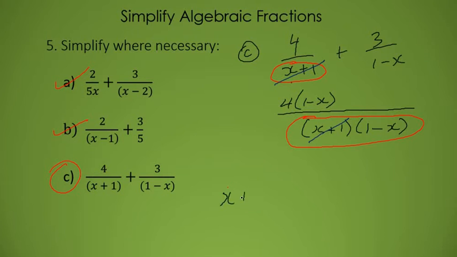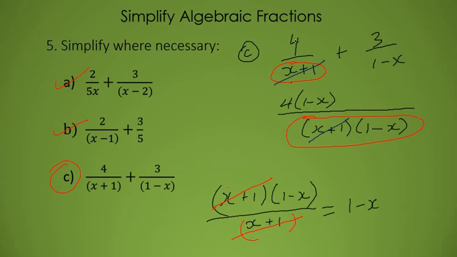The LCM x plus 1 by 1 minus x divided by the denominator of x plus 1. And so this is a factor since we're multiplying two quantities. So this is a factor, and it will cancel with this quantity, which is a factor of itself. And so we're left with 1 minus x, which we'll multiply by the 4, as we can see right here.